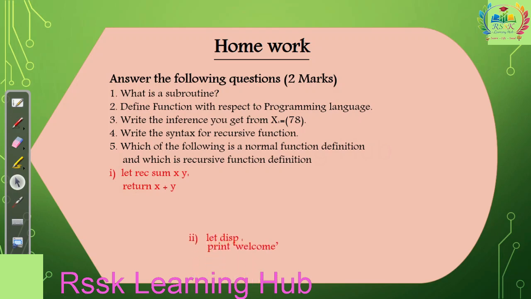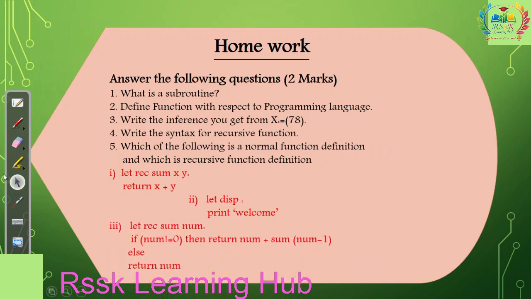Now see, this is your second program and this is your third program. So for the fifth question, you have to find: the first question under the fifth, is it a normal function or recursive? Similarly for the second and third. Okay, you find the answer for this and write.